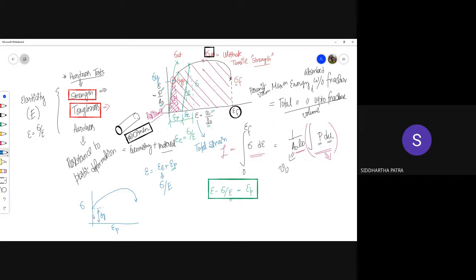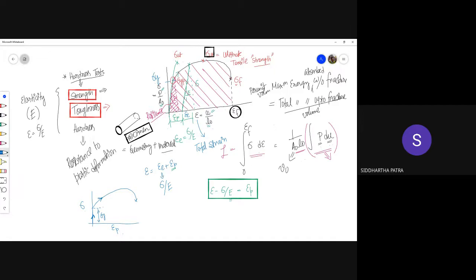So before that, the stress simply increases vertically in the stress versus plastic strain diagram, because the entire strain is only elastic strain. The stress versus plastic strain diagram simply goes vertical, and after that it follows a curve.